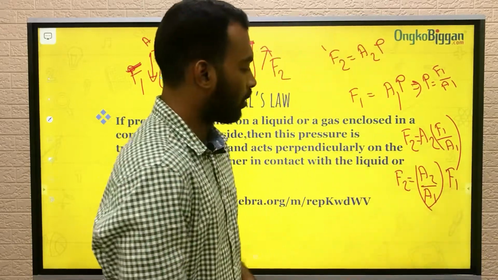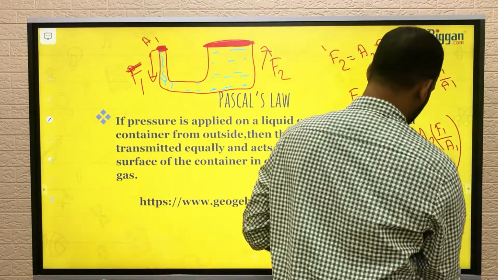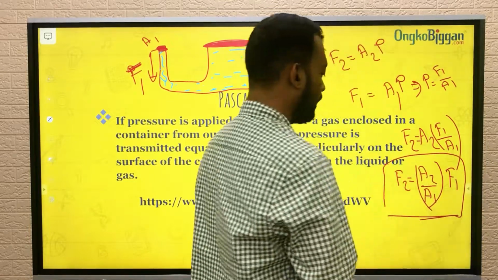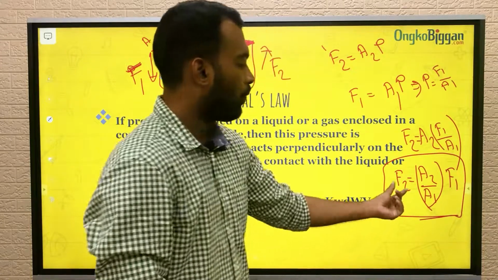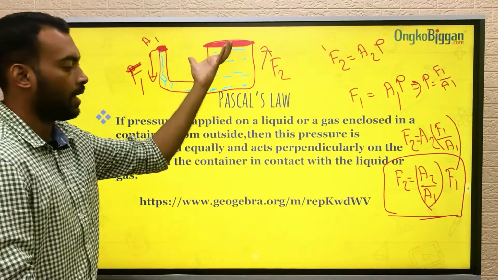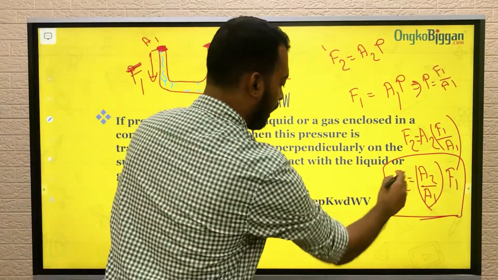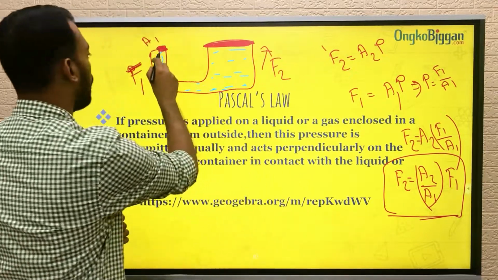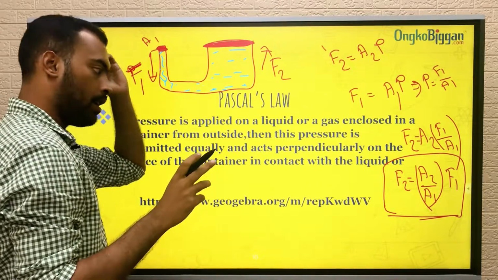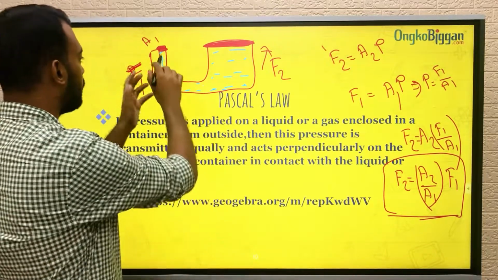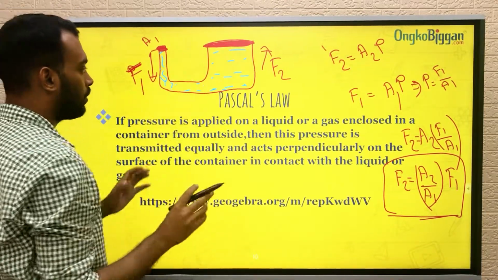This is an important formula. This is the formula that we'll be using for all piston sort of problems: the force acting on this side is equal to the ratio A2 by A1 times F1.